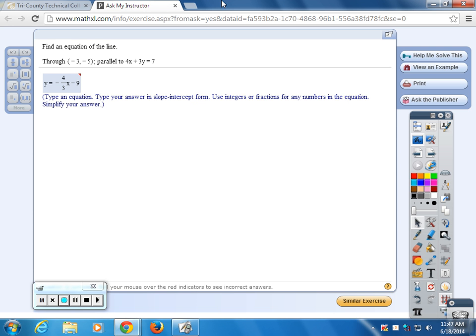And I will do both, parallel and perpendicular. This says through -3 and -5, parallel to 4x plus 3y is equal to 7.